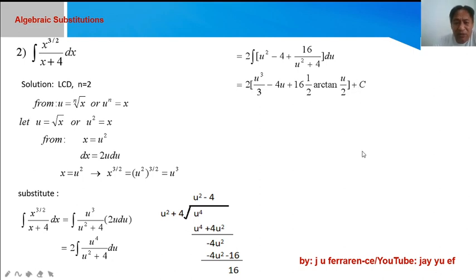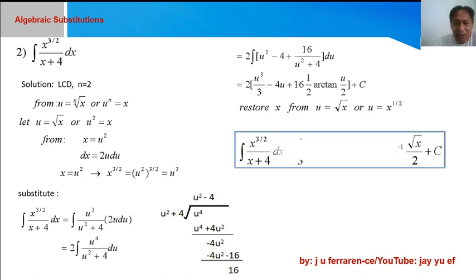Then, you can restore your variable, or you can also distribute your 2. So there you have your answer. Where is our u cubed? That is equivalent to x to the power 3 halves, correct? Then minus 8 when we have 2 distributed to 4, right? Our u is the square root of x, so we have the square root of x, then plus 16.